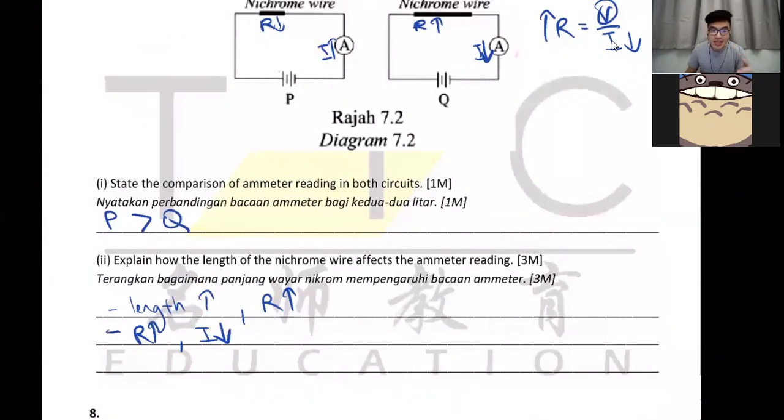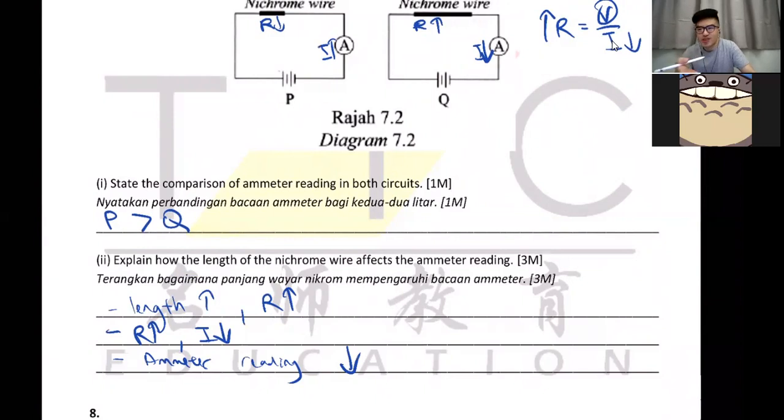Lebih tinggi rintangan, lebih rendah arus. The higher the resistance, the lower the current. So when you have lower current, ammeter reading will be lower. Bacaan ammeter rendah. Because ammeter reading is to read your current.